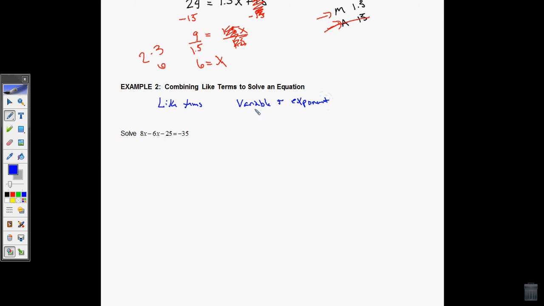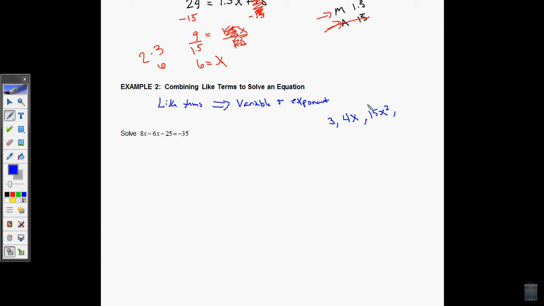Now let's take a look at a couple of examples of different terms. So let's say I have a term that's like a 3, one that's 4x, one that's 15x squared. Let's start with just these three.